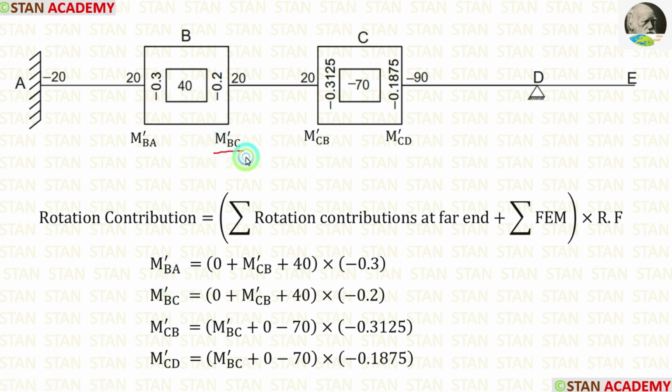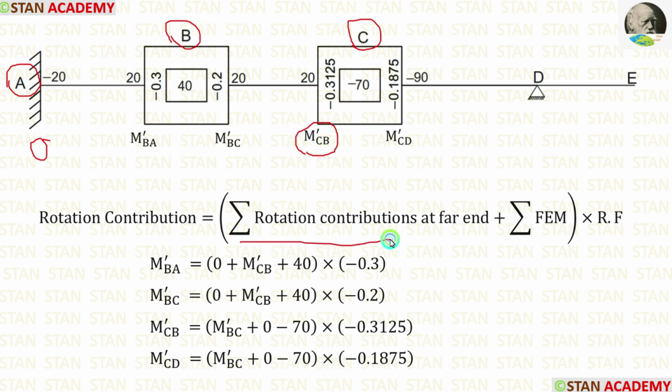Now, let us see how to calculate M-BC. M-BC is located in the point B. For the point B, the far ends are the point A and the point C. In the point A, the rotation contribution is 0 because it is fixed. From the point C, we have to select M-CB.